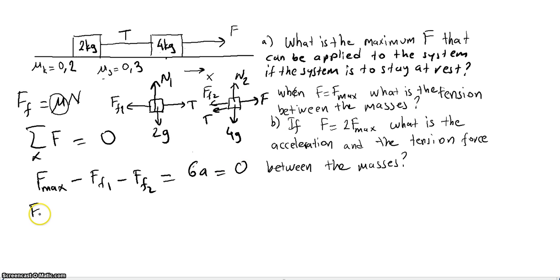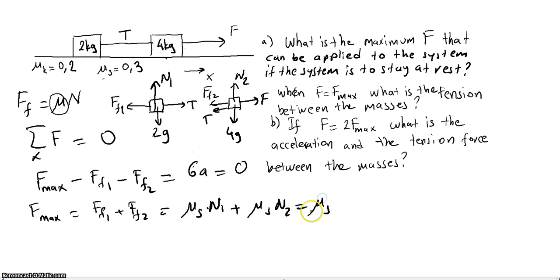So the maximum force applied to the system, if the system will stay at rest, will be equal to the sum of frictional forces acting on each body, each block, the 2 kilogram and 4 kilogram blocks, F1 plus F2. The first frictional force is mu s times N1, and the second is mu s times N2.